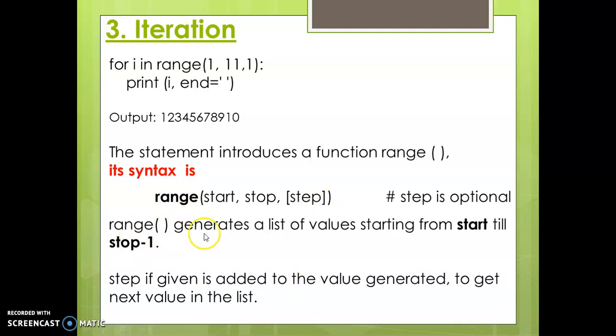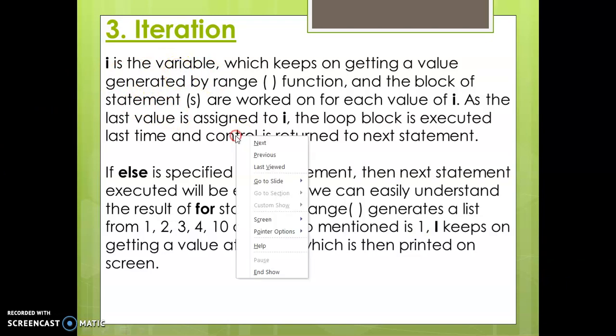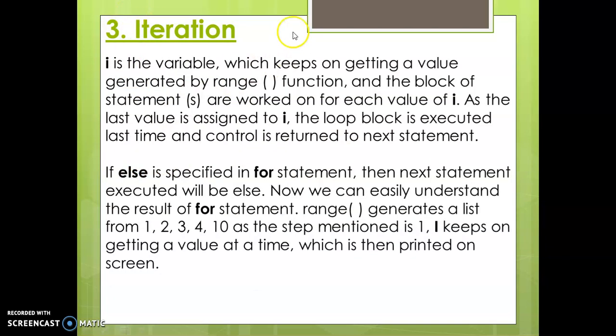Range generates the list of values from the start till the stop, and step, if given, is added to the value generated to get the next value in the list. So in the iteration, i is the variable which I am using here.